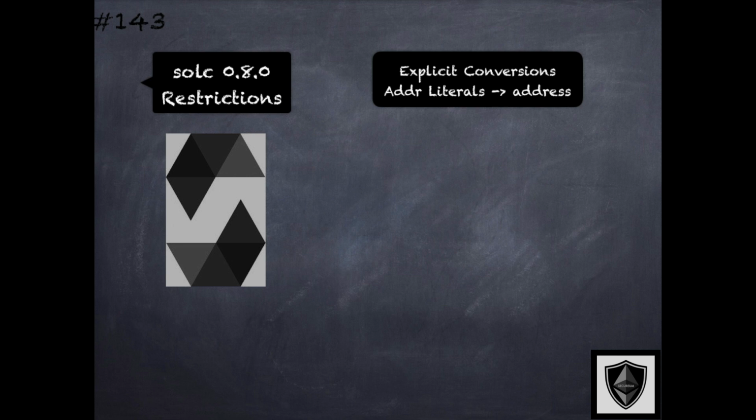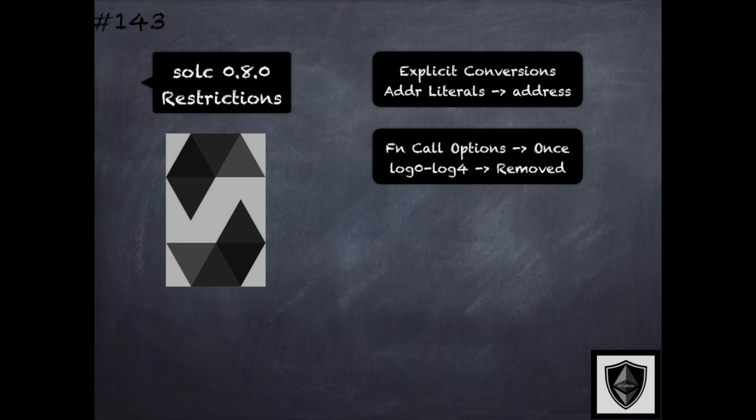So these explicit conversions being disallowed may be considered as a good thing from a security perspective. Address literals now have the type address instead of address payable, and these have to be explicitly converted to address payable if required. The function call options for specifying the gas and ether value passed can only be provided once and not multiple times.